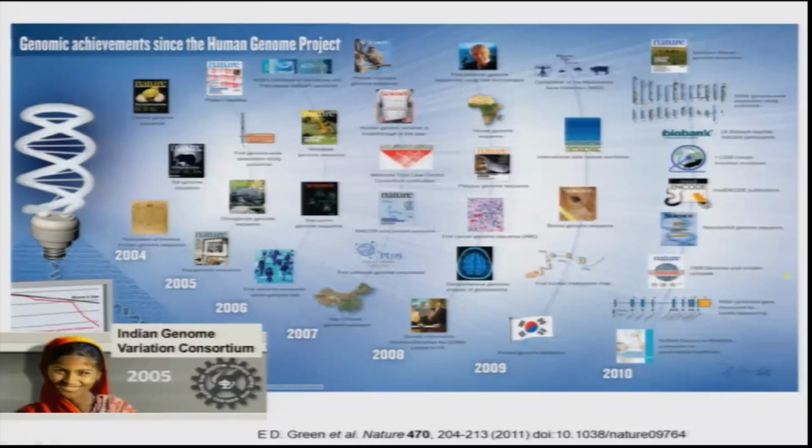But such advancement is not restricted only to other countries. Even within our country, India, the Government of India has funded a project called the Indian Genome Variation Consortium, because the Indian population cannot be called a single population.